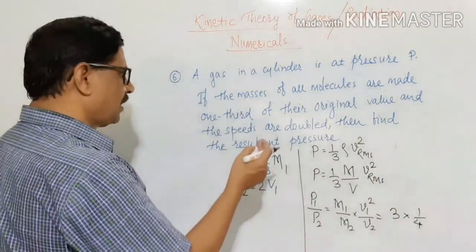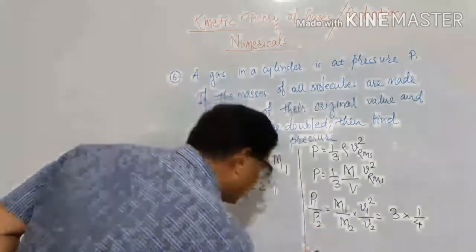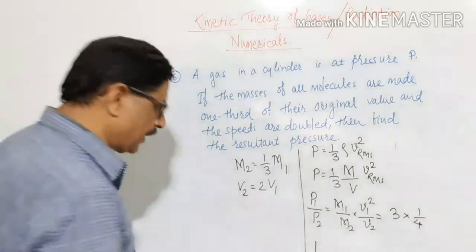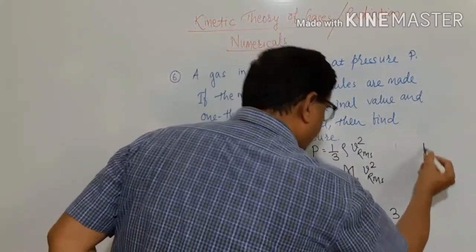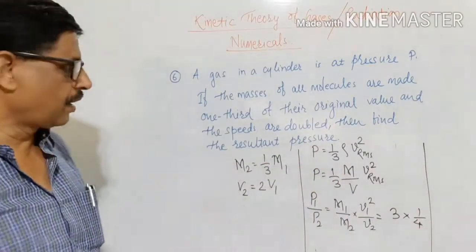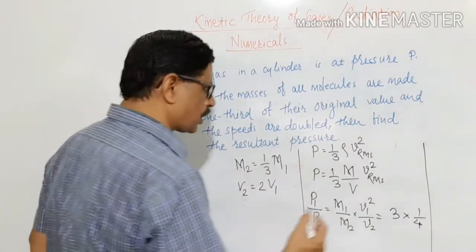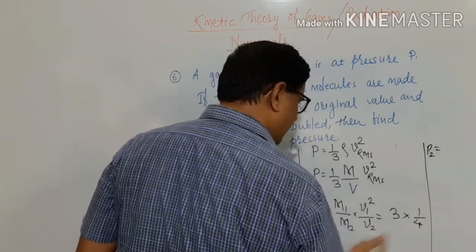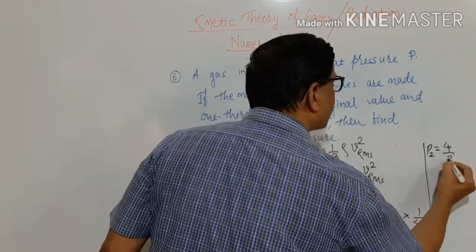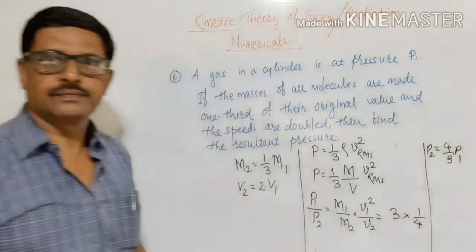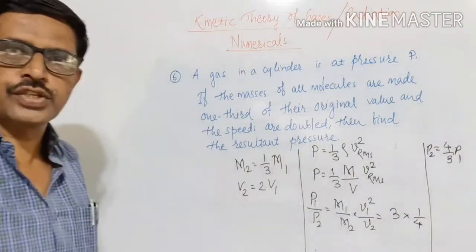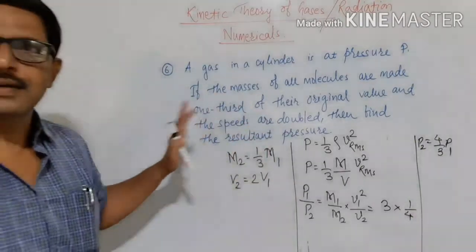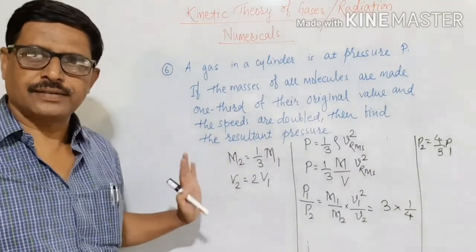Then find the resultant pressure. From this we will get the resultant pressure P2 should be equal to 4 divided by 3 into P1. Resultant pressure is 4 divided by 3 into P1. This is the resultant pressure that we will get.